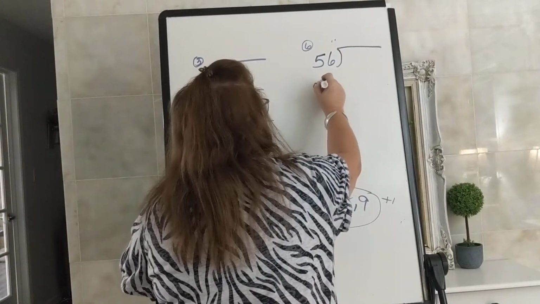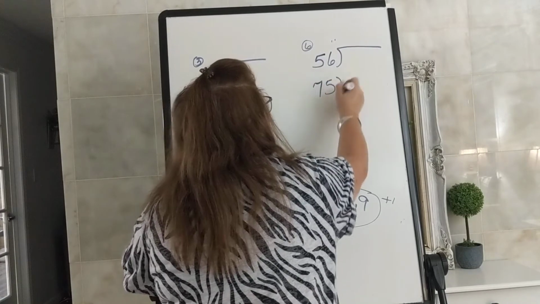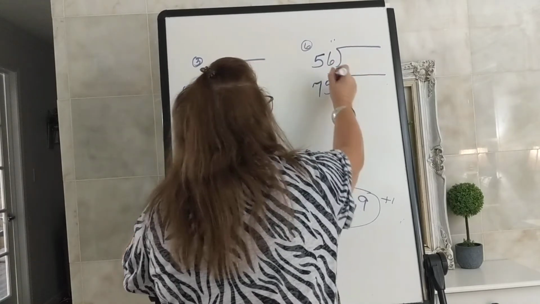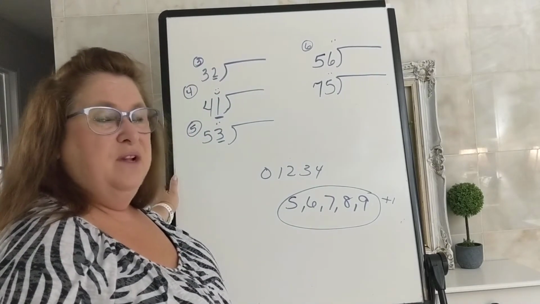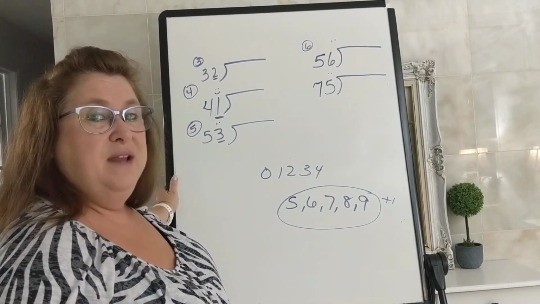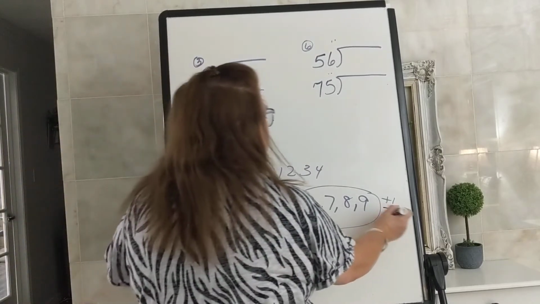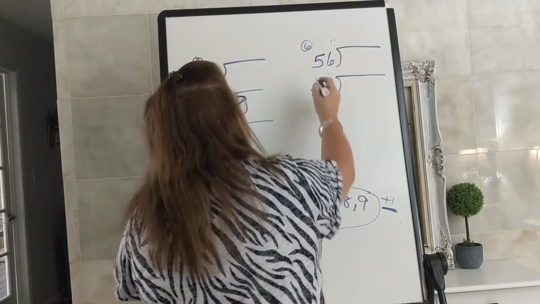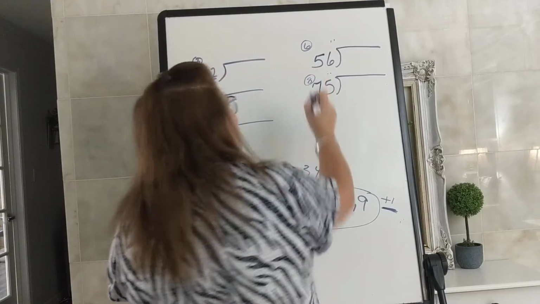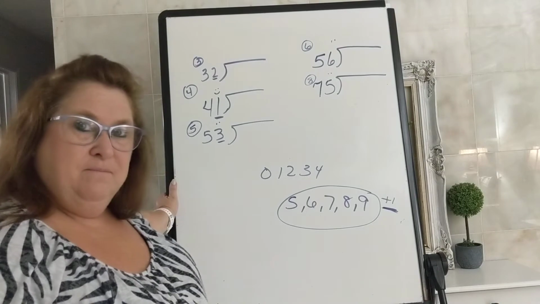Let's say we had a divisor that was 75. We always look at our second digit, number 5. If it's more than 4, 5, 6, 7, 8, or 9, we will add 1 to the digit in front of it. So 7 plus 1 is 8. So our pretend divisor would be 8.